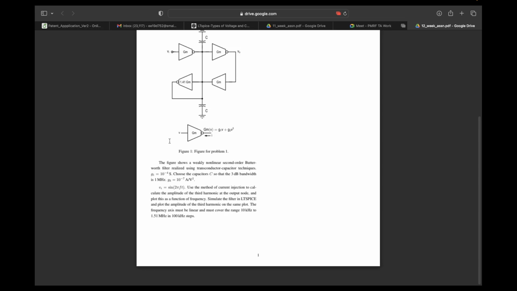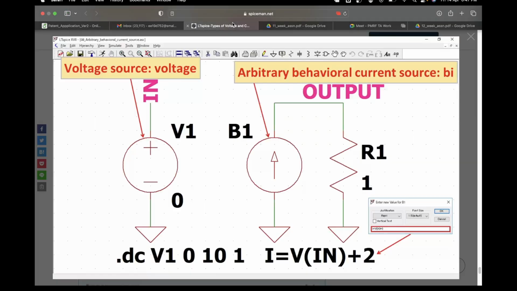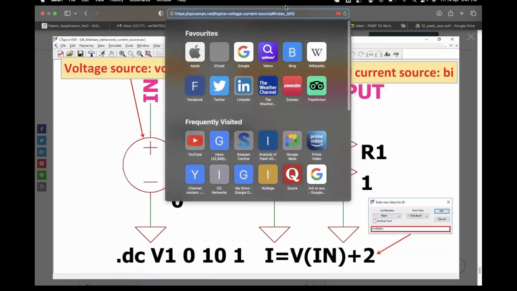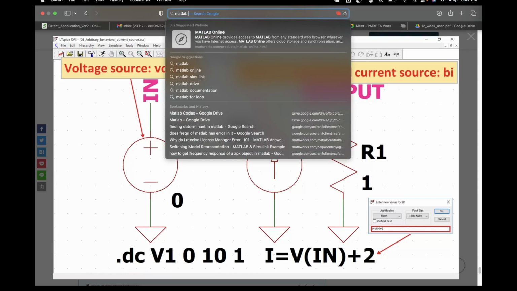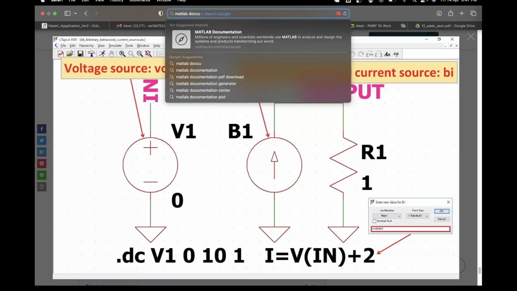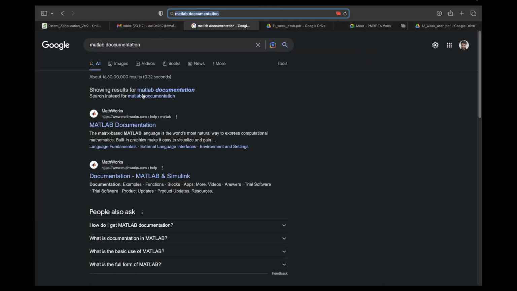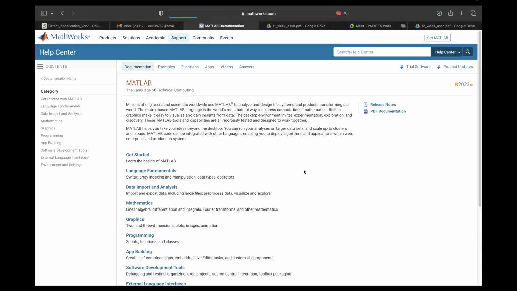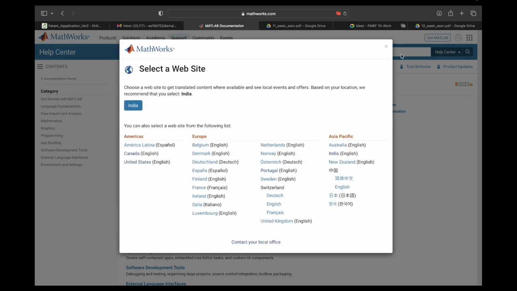In MATLAB, you can look up whatever documentation you need. Do you have MATLAB with you? No, sir. Actually, I had at the time, week 4 or week 5. I used my friend's laptop. So, you can use online MATLAB.